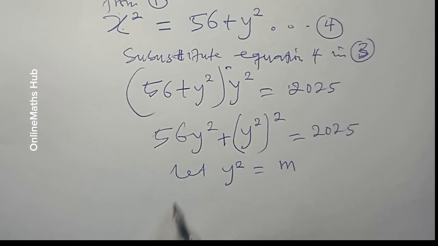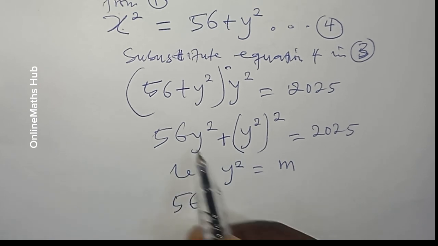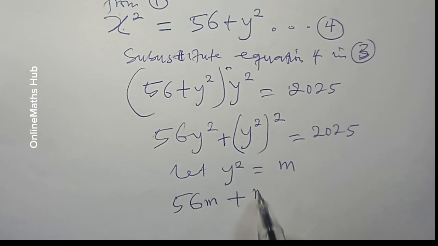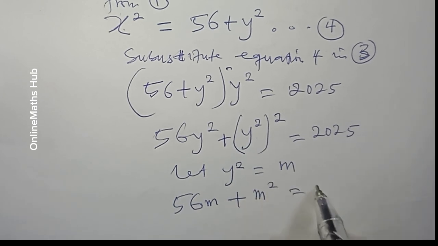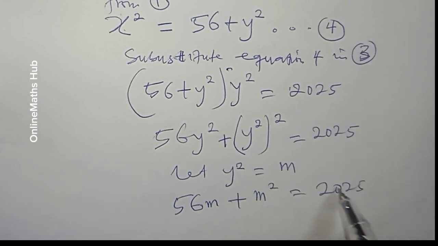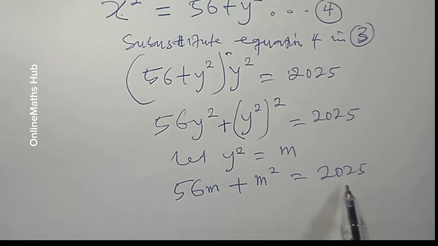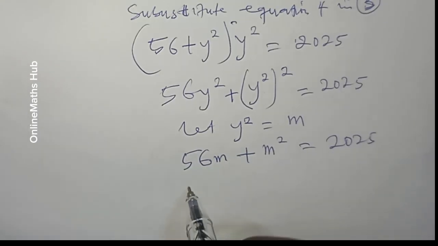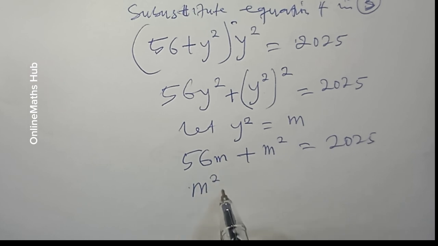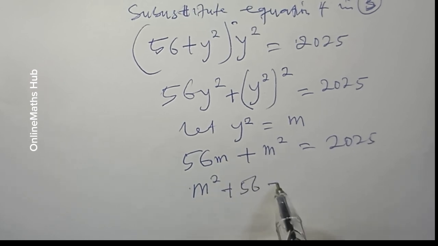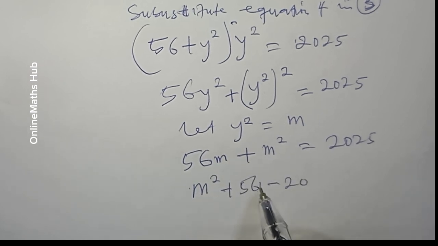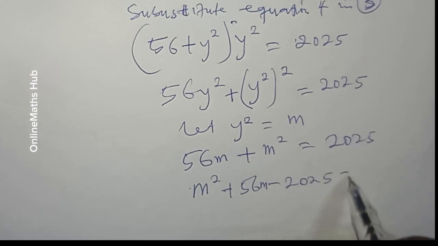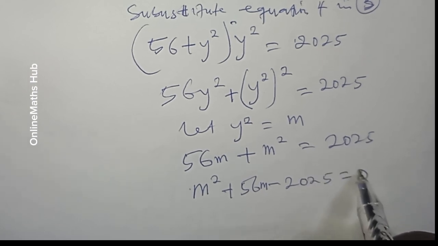Then I'm going to have 56 multiplied by m, which is 56m, plus m raised to power 2 is equal to 2025. I can push this to the left hand side, so that we have m squared plus 56m minus 2025 is equal to 0.